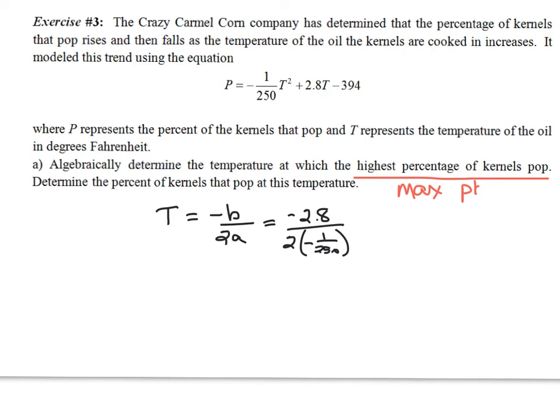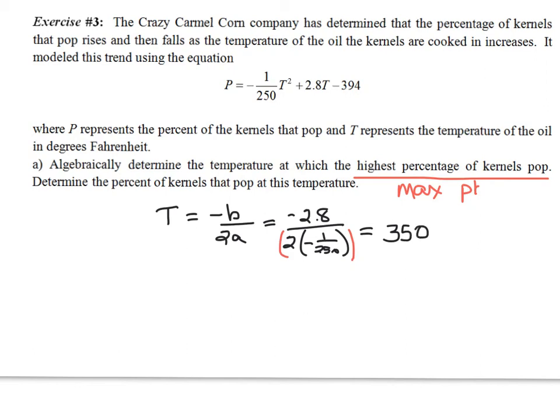Now I entered this into my calculator by saying negative 2.8 divided by, and then make sure you put this whole thing inside parentheses as well as putting parentheses around the fraction in the denominator. When I did that, I found out that the answer for the temperature turned out to be 350.